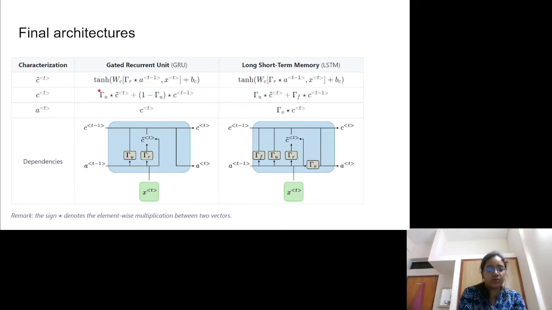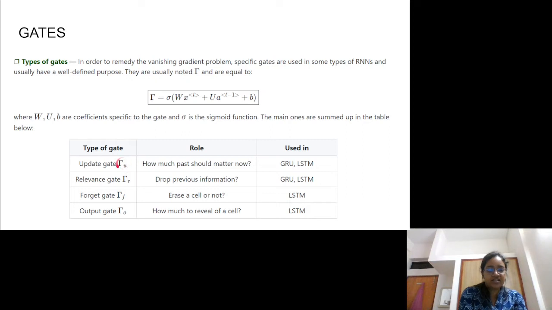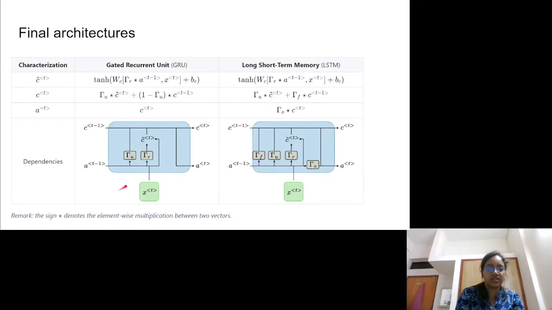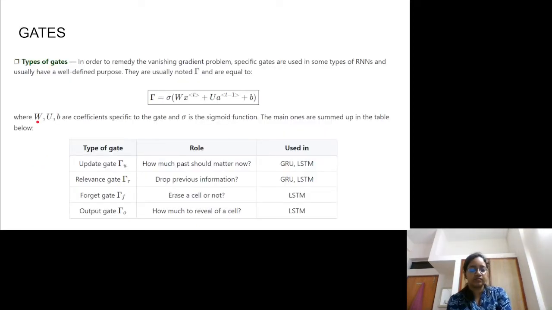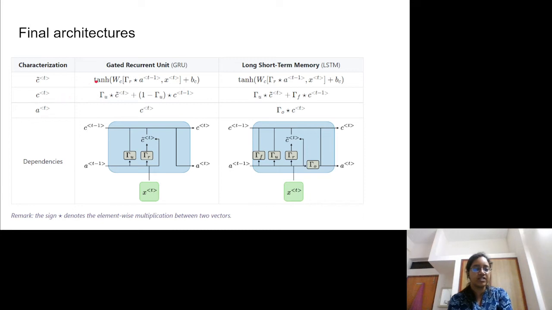In the update gate, you'll see that many of these gates in the LSTMs are really very related, and there's a very thin line between them. Maybe one is the complement of the other. So what GRUs have simply done is get rid of the forget gate and other things.